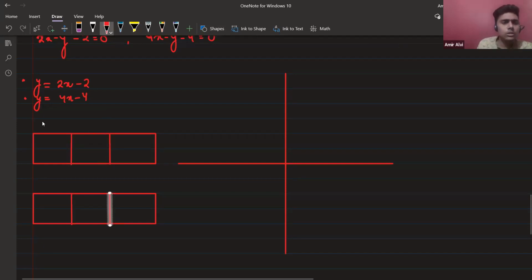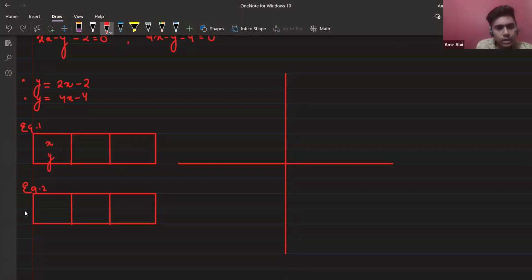This is for equation 1 and this is for equation 2. This is x, this is y. This is x, this is y. Now tell me, if I put 0 in place of x for equation 1, what is the value of y?